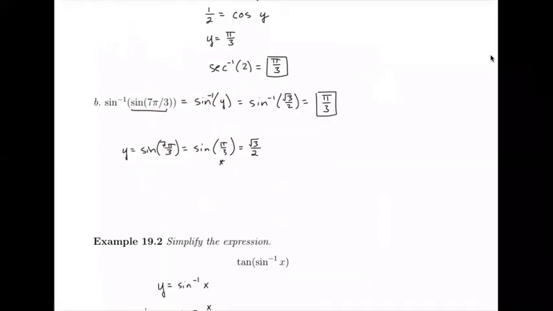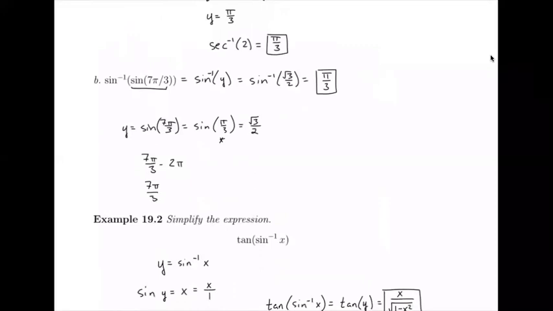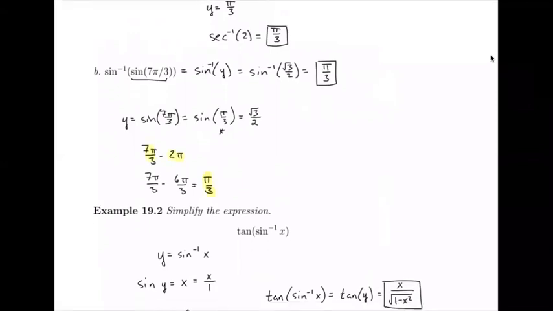Remember, we could just take 7 pi over 3 and subtract 2 pi from it, which is 7 pi over 3 minus 6 pi over 3 to get a common denominator, and we get pi over 3. So it's coterminal because when we subtracted 2 pi from this angle, we arrived at this other angle. They're apart by 2 pi, so they're a full rotation away from each other, and we can swap out 7 pi over 3 inside sine with pi over 3. And sine of pi over 3, we just remember from our common angles, is root 3 over 2.